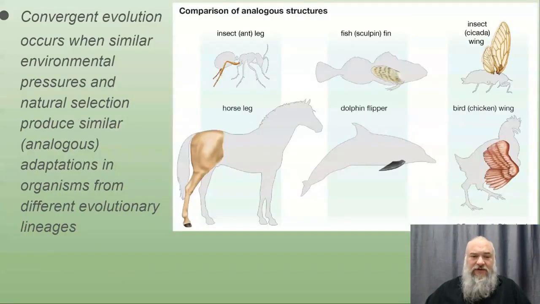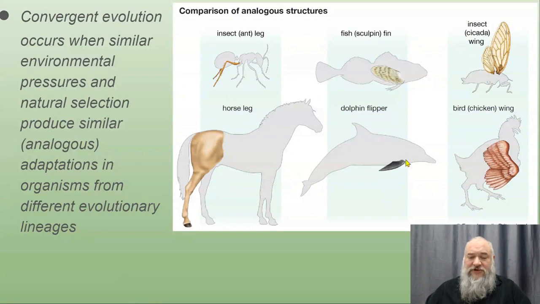So just a reminder here, again, convergent evolution occurs when similar environmental pressures and natural selection produce similar or analogous adaptations. An ant leg and a horse leg, they're both legs, but they're nothing alike. The way they work, their structures, everything else, there's nothing really similar about them as far as how they evolved. Same with a fish fin and a dolphin flipper.